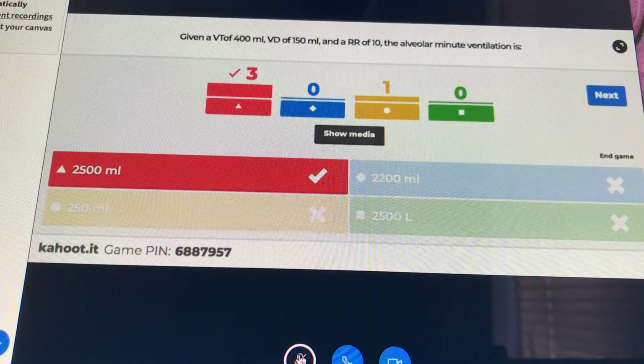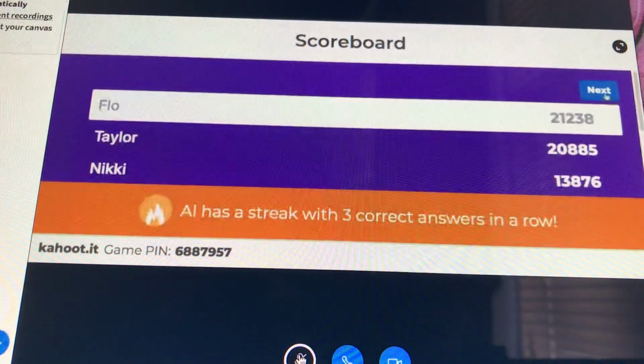So 400 minus 150 gives you 250 times 10 is 2,500 mL. Your formula for alveolar minute ventilation is tidal volume minus dead space times the respiratory rate. So that's quick, simple mental math.